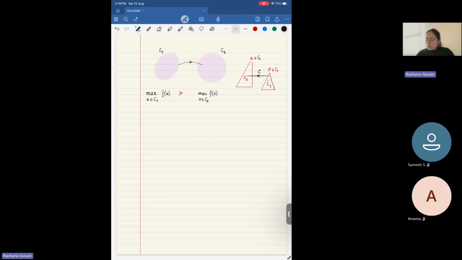Or you can have multiple edges as well, but the crucial point is that they must be in the same direction. It cannot be the case that one edge is pointing from C1 to C2 and another is pointing from C2 to C1. That is not possible. So there are a few edges going from C1 to C2.